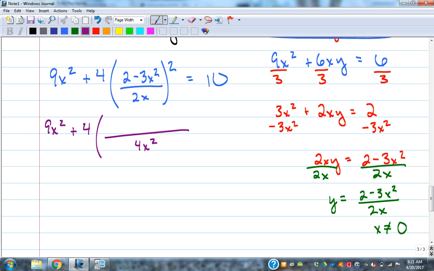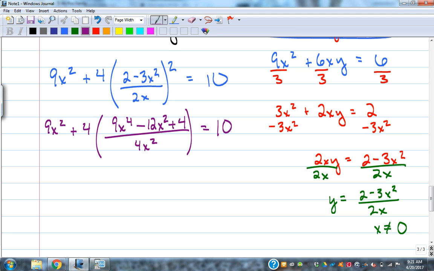No, the top part. If you square 2 minus 3x squared, negative 3x squared times negative 3x squared is 9x to the 4th. And then we have a plus 4. In the middle, we have 12x squared. It's just squaring a binomial.